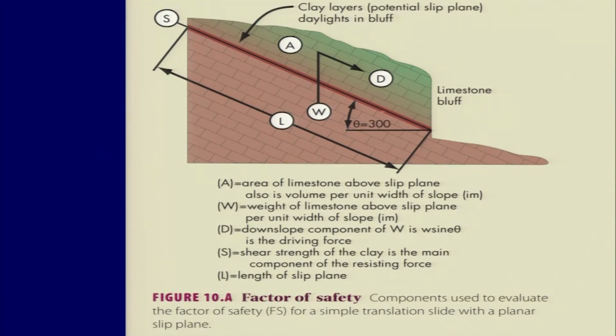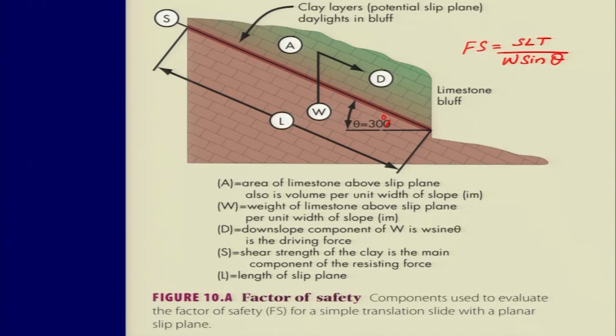So you have the slope angle, and you have the different material. Of course the clay will have different properties as compared to the limestone which is sitting on the top. So the factor of safety here, given as Fs, is equal to SLT by W sin theta.